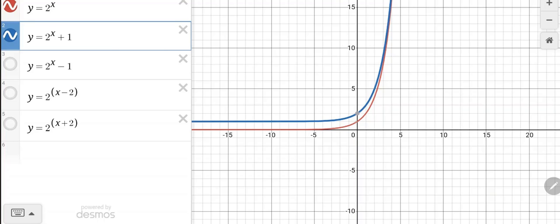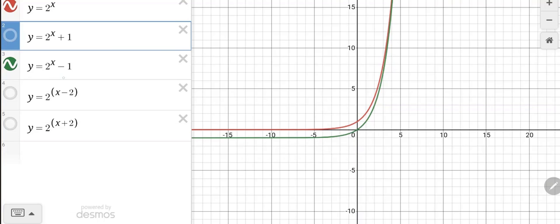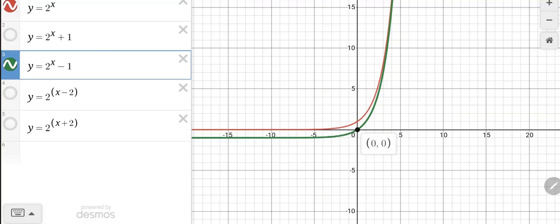So it's moved up one place. From the parent graph, if I have the equation y equals 2 to the x minus 1, this is our k value, you can see that it's translated down 1 unit, and the point has moved from 0, 1 onto 0, 0 for our green graph.